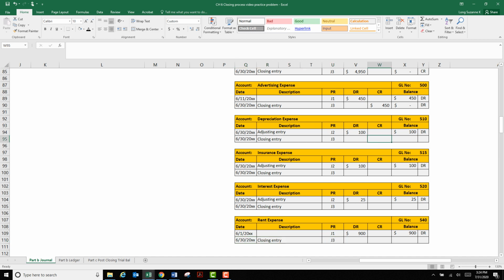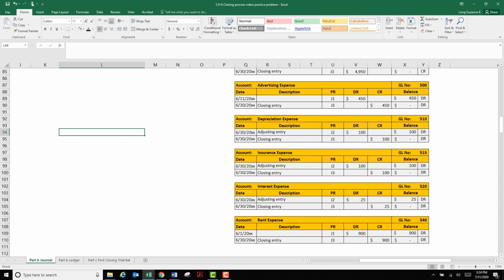This one's going to be 100, 0. Insurance, another 100, 0. 25 for interest, 0. And 900 for rent. And these are all going to be DRs. These are all expense accounts. They all end up with a 0 debit balance.